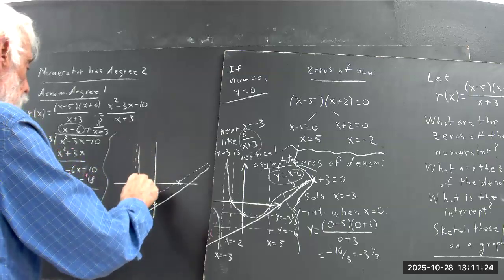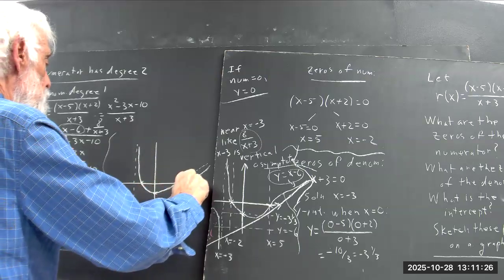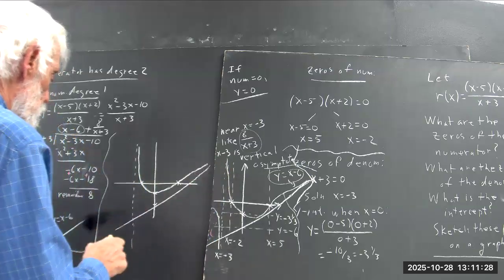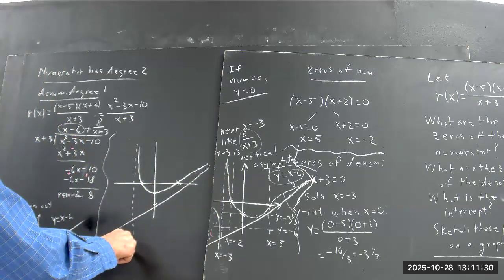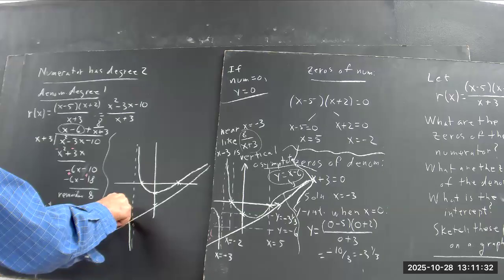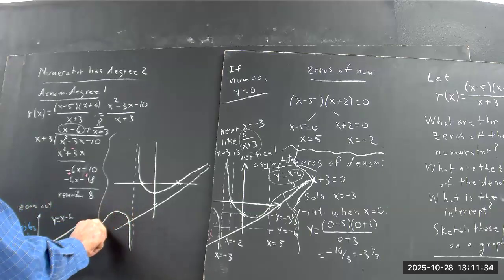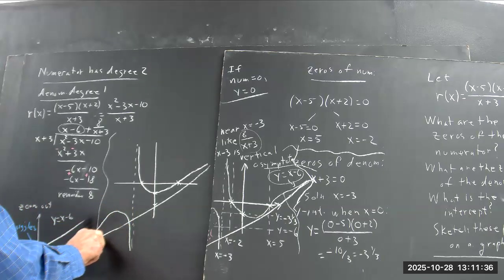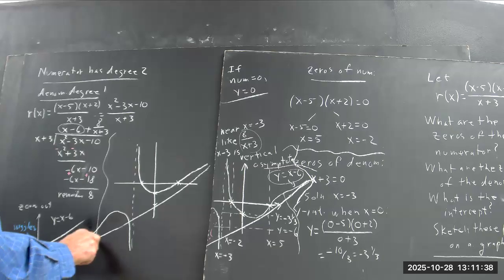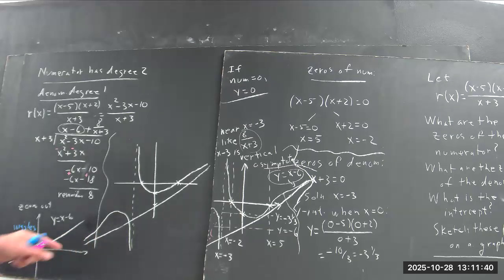So right there, possible curve. We come up from the negative side on this thing, and then we turn around and we approach this line from the other side.